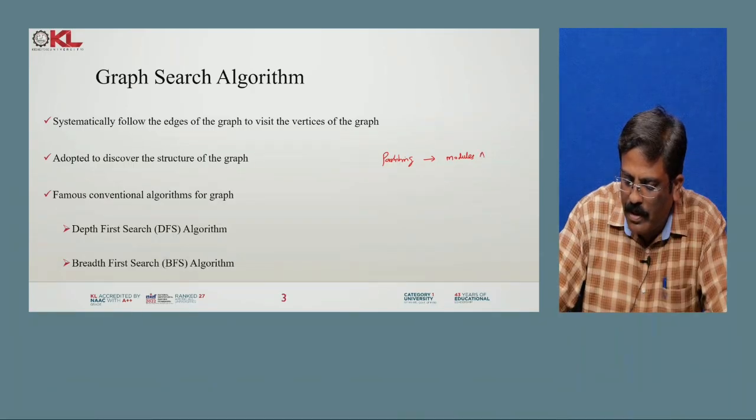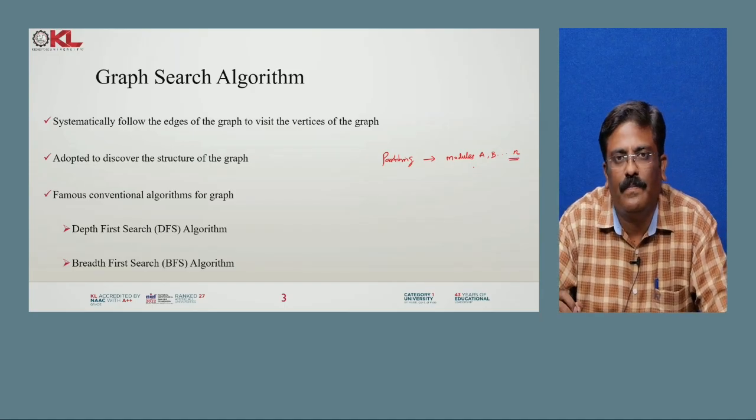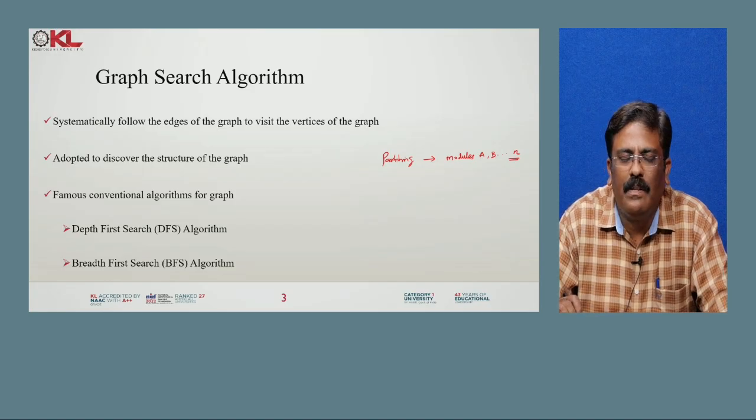We used to call it module A, module B and so on, classified into N number of modules. Once classified, the entire circuit becomes a group of small circuits or sub-circuits.